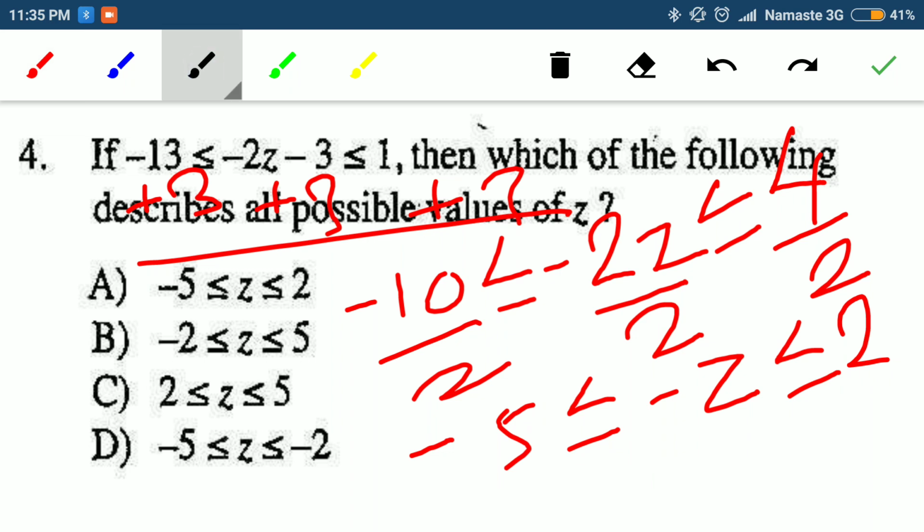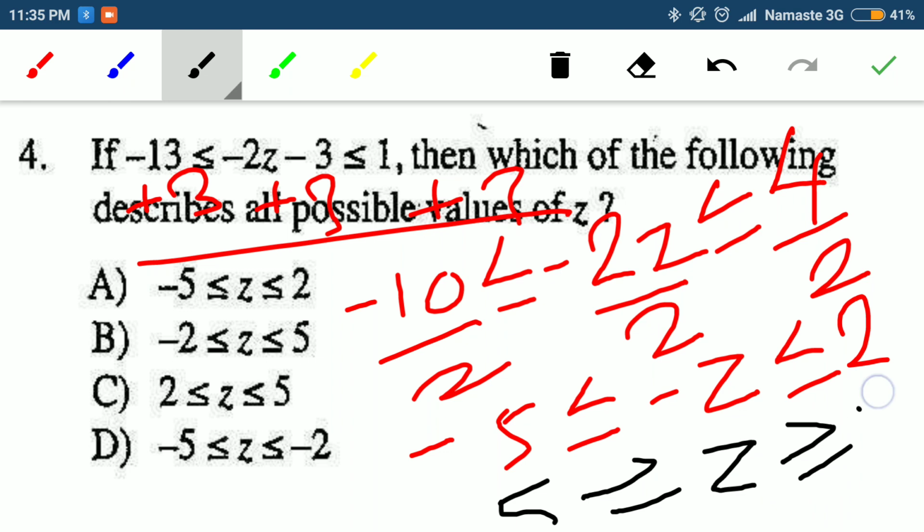So z is greater than or equal to, and the negative 5 becomes positive 5, positive 2 becomes negative 2. Regarding this, the suitable option is z greater than minus 2 and less than 5. It's option B, right?